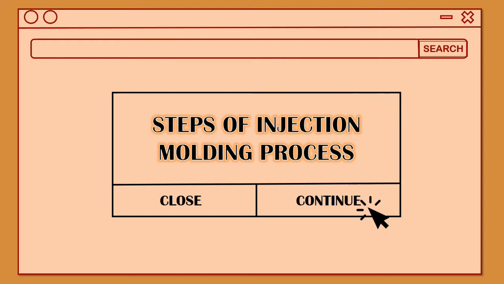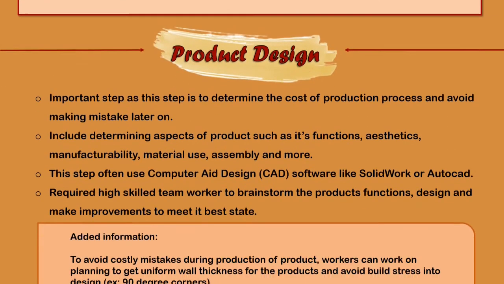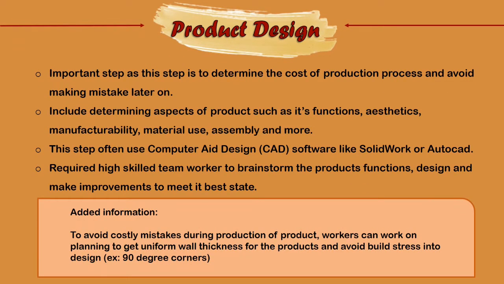Now, let's talk about the steps of the injection molding process. There are three basic steps in this process. So, in order to use injection molding in the manufacturing industry, we firstly need to design the product that we want to produce. This step is very important as the cost of the production process is determined here.